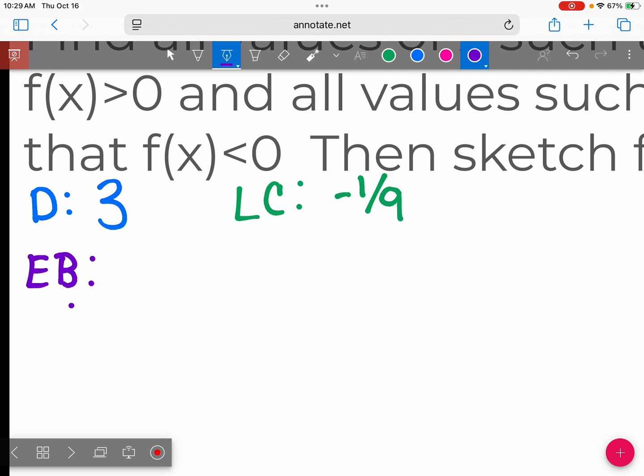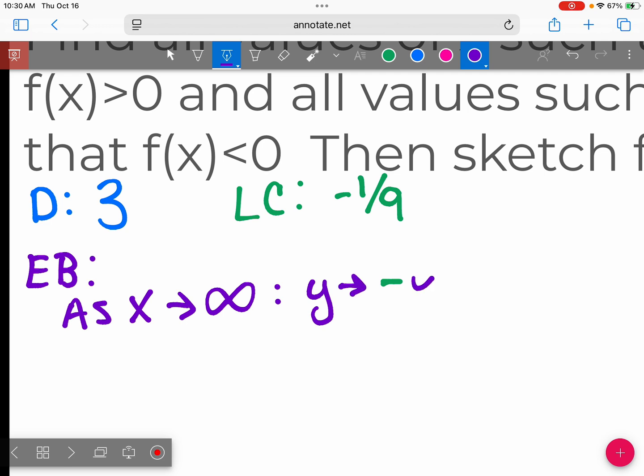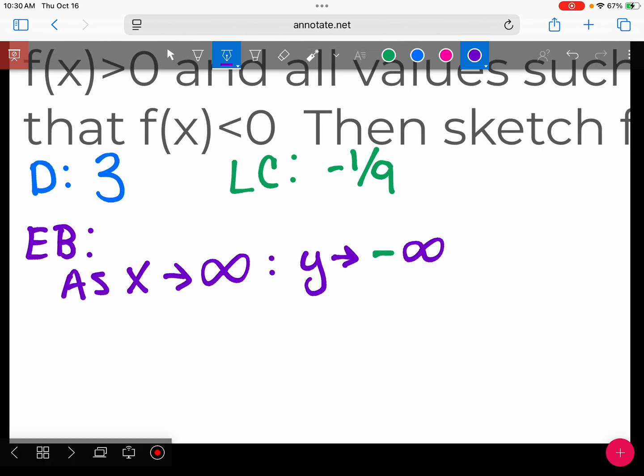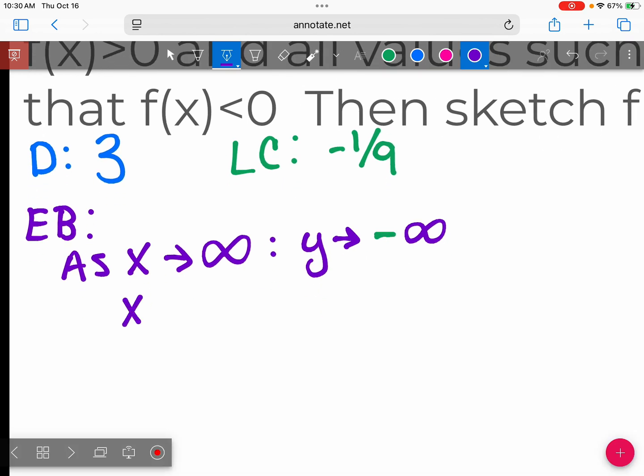As x approaches positive infinity, my y's are going to have the same sign as our leading coefficient, so they are going to approach negative infinity. So my right arrow is going to point down. Since we have an odd function here, as x approaches negative infinity, what are our y's going to approach? Positive.